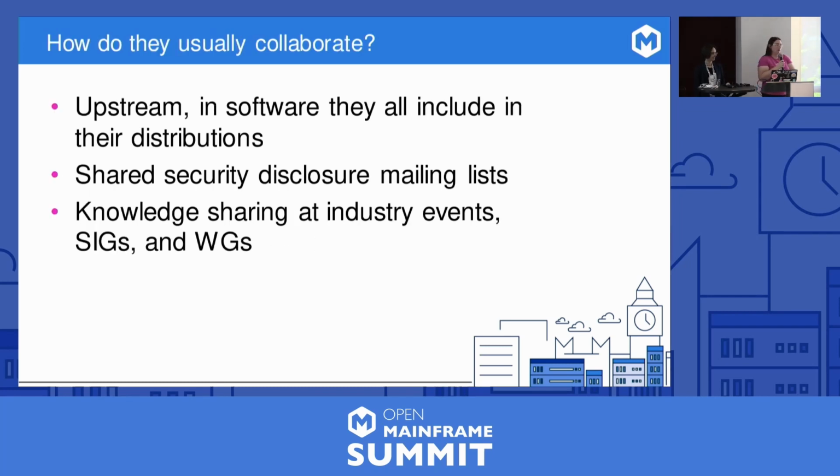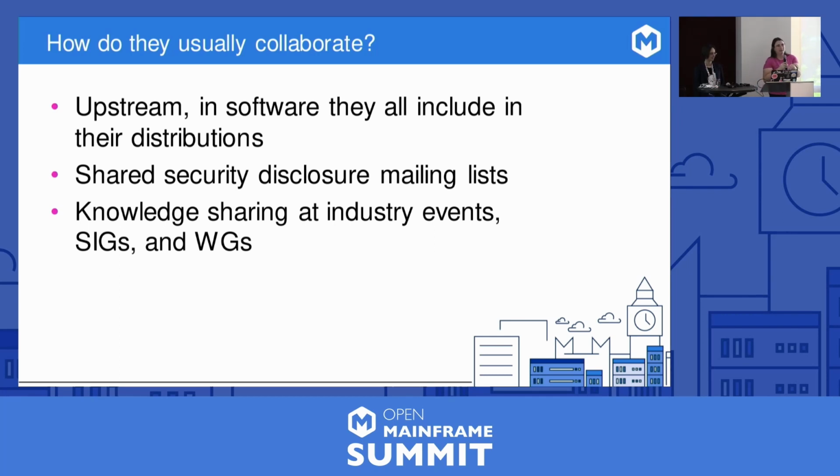How they usually collaborate is they tend to pull in the same software. Everyone uses a lot of the same command line tools and a lot of the same GUIs. It's just a matter of what versions they pull in and how they assemble that into their distribution. So they work collaboratively on those projects that they all use. There's also an open source security mailing list, so they collaborate on that.